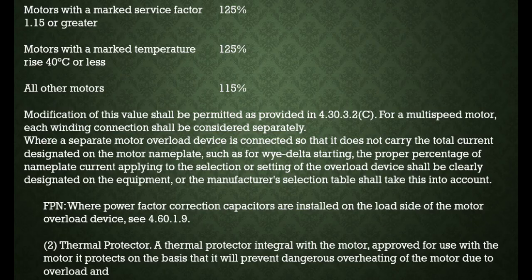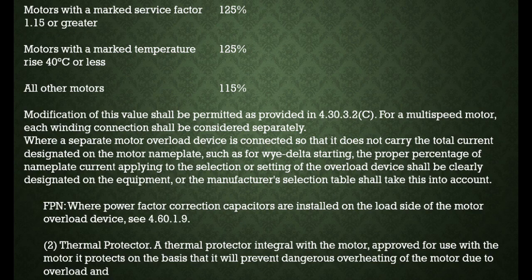And the overload device's rating depends on the motor type: 125% for motors with a service factor of 1.15 or higher, and 125% for motors with a temperature rise of 40 degrees Celsius or less, and 115% for all other motors.